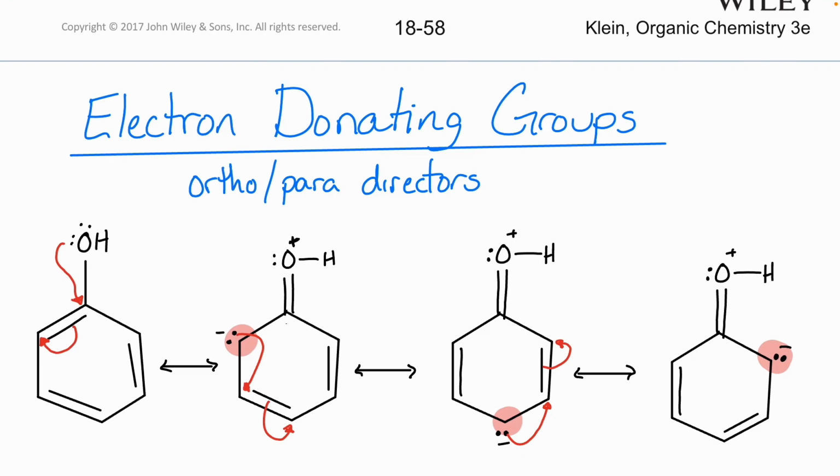Okay, so you maybe can see where we're going here. Now we're going to look at what happens when we have electron withdrawing groups. And, punchline, it's going to be the exact opposite of what we saw with our electron donating groups. But let's illustrate that. So now let's look at some electron withdrawing groups.